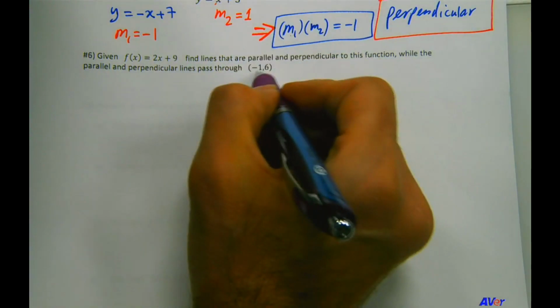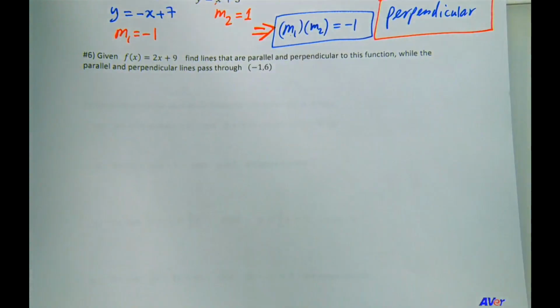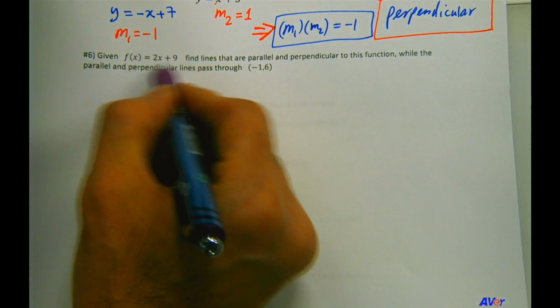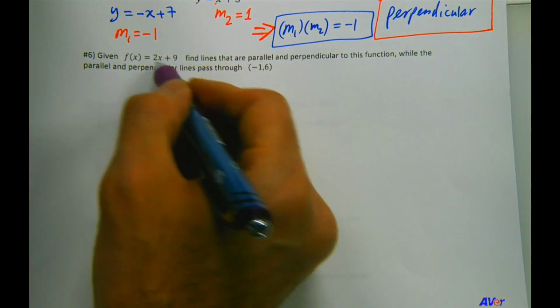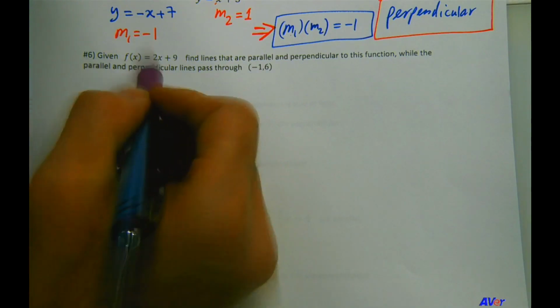People ask me sometimes, why do we need that point? Well, we need that point because you take any line, that one, for example, right? You draw that line, then there are infinitely many lines that can be drawn that are parallel to that line. By the same token, you can draw infinitely many lines that are perpendicular to that line.